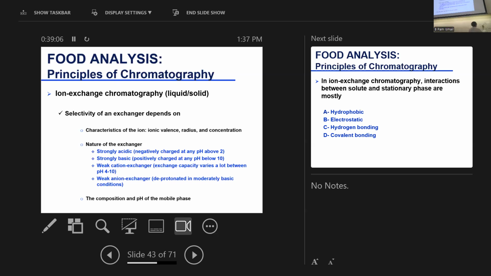If you add NaCl, what is that going to do? It dissociates, right? So your Cl minus is going to interact here, and the Na plus is going to displace and interact with your stationary phase, so you weaken the interactions. So increasing salt concentration weakens the interaction.